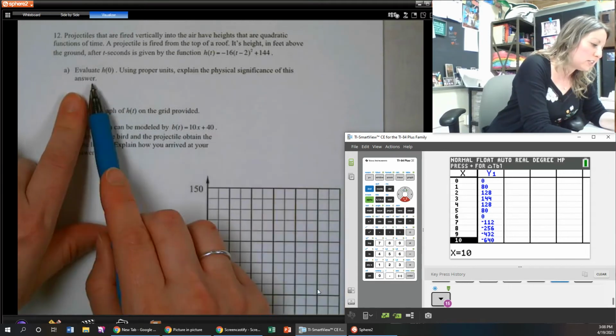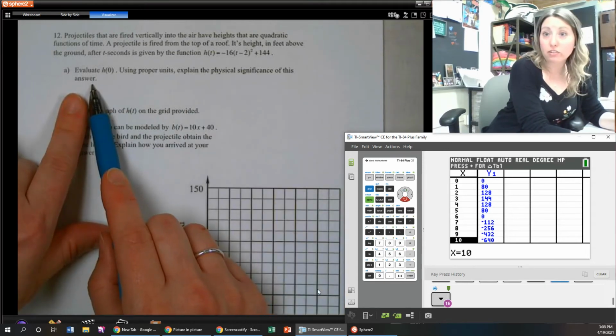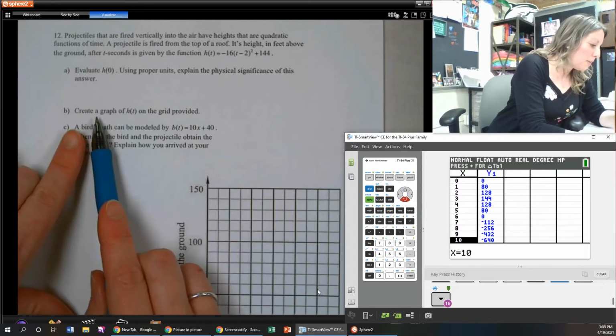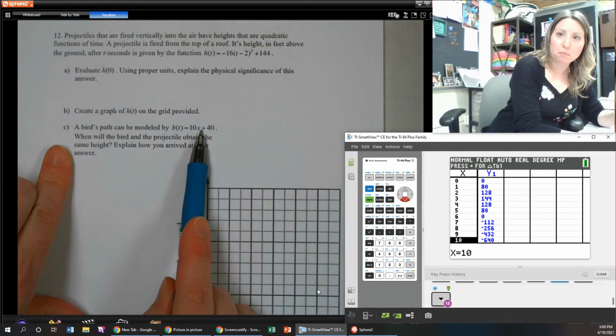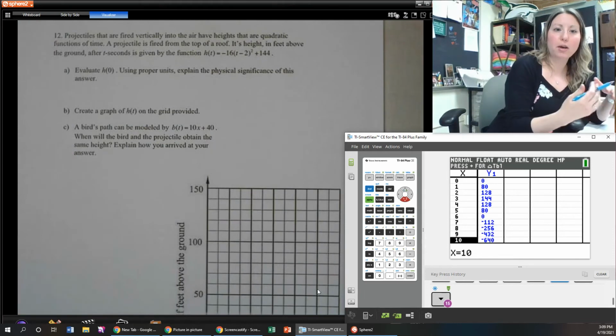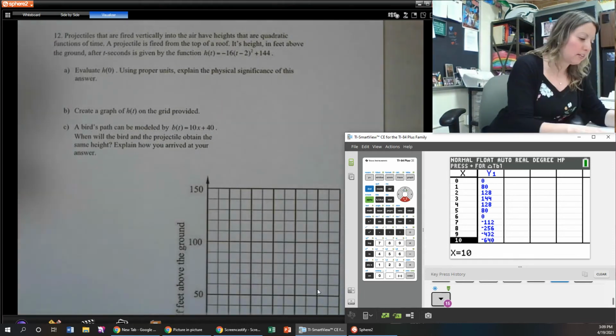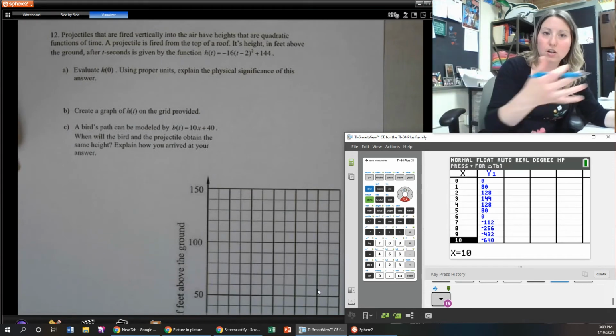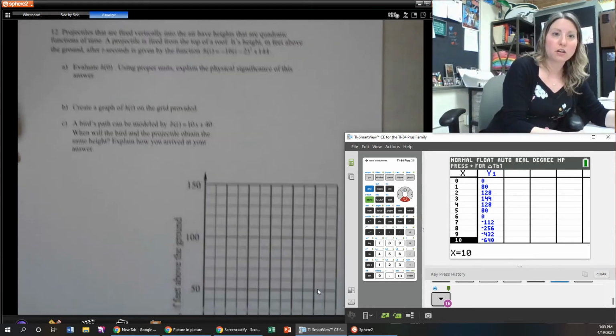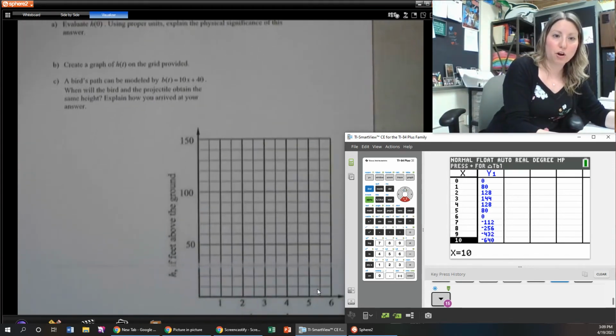Explain the physical significance of this, which actually, since we read the problem, we already know. And then B, create a graph of this and model this bird's path. So why don't we skip ahead to B and C and get things on the graph so we can also visually see what the significance is of h of 0, okay?